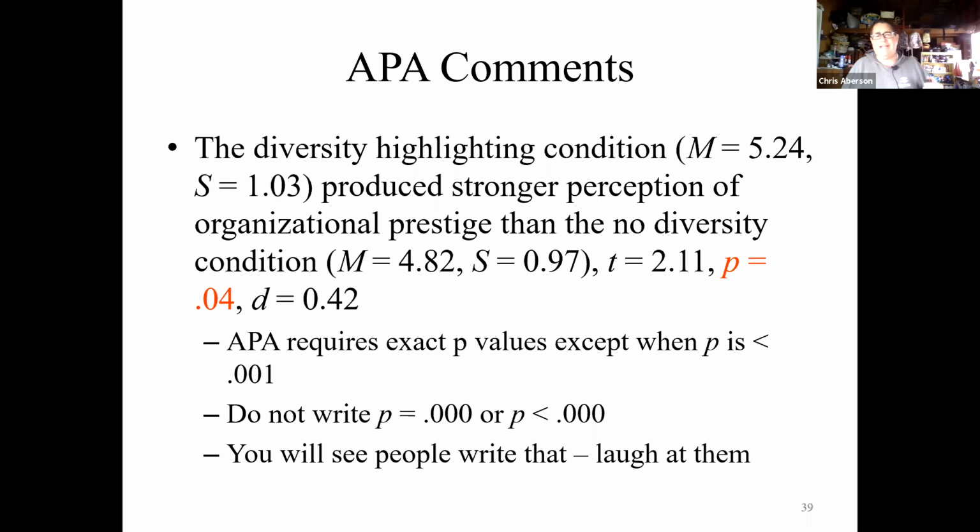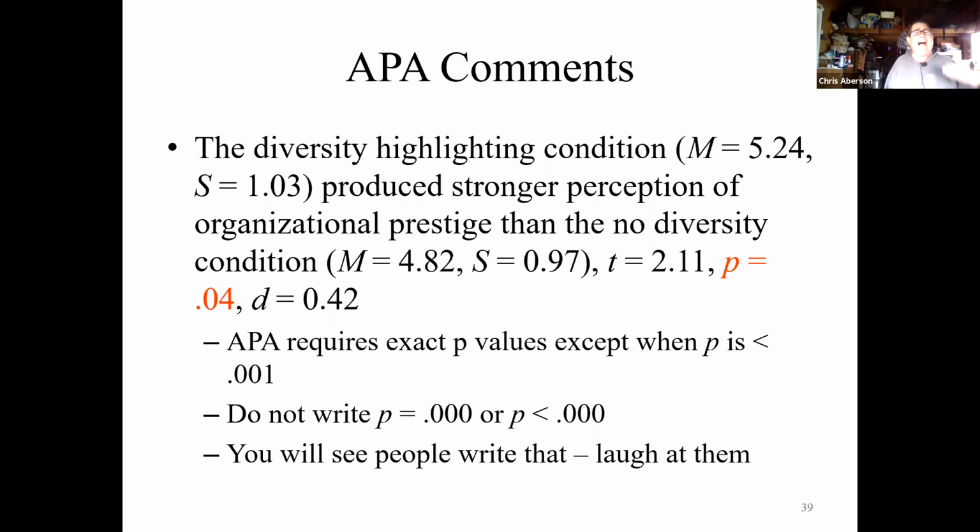Don't write p equals 0.000, even though things will sometimes round to that. Probabilities cannot be 0. That would be saying something is not possible. And also, most certainly don't write p is less than 0.000. That's less than 0, which makes no sense. There are no negative probability values. You will see people write this.